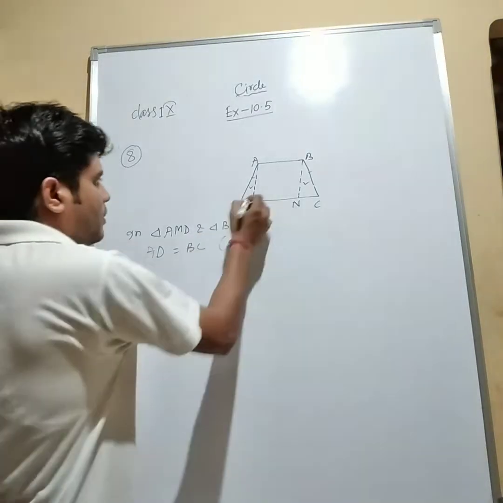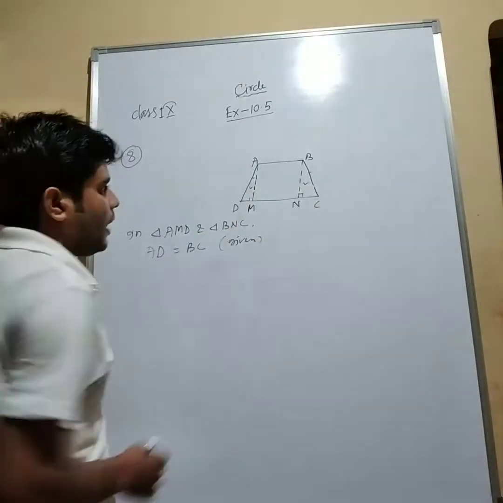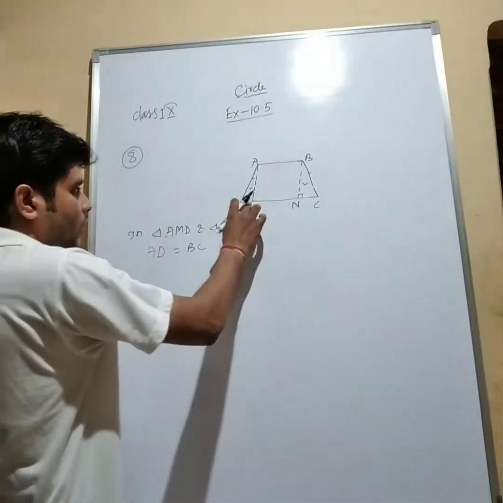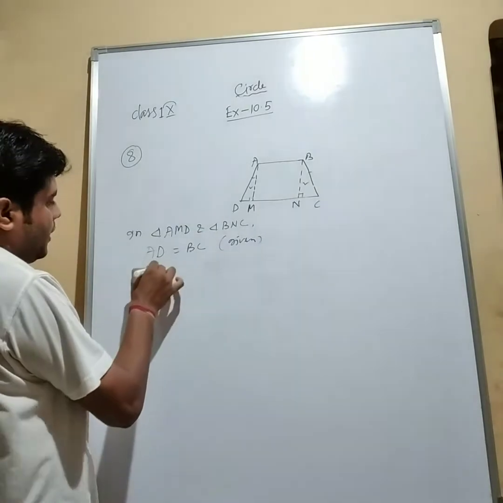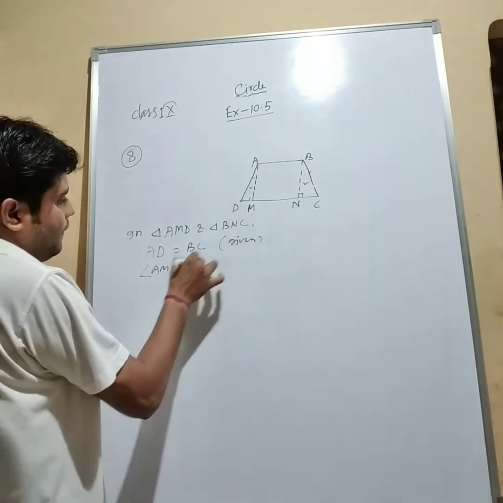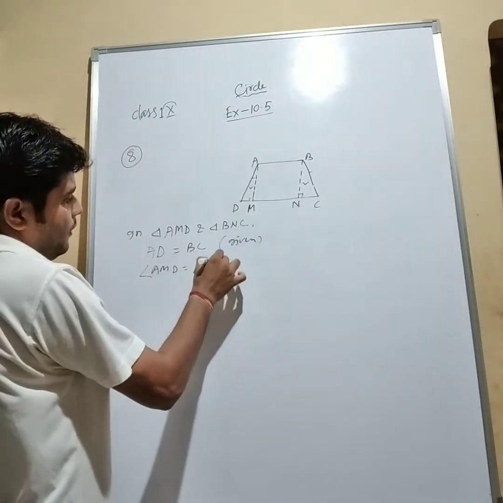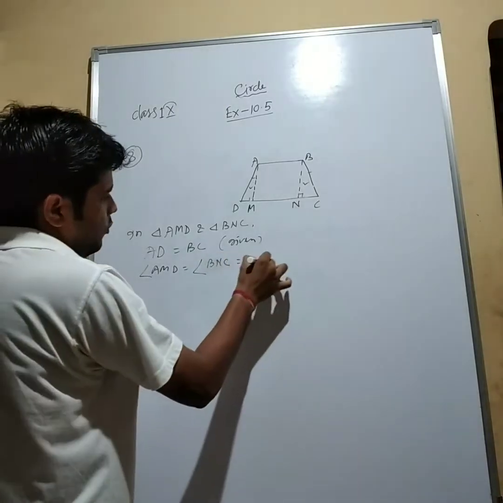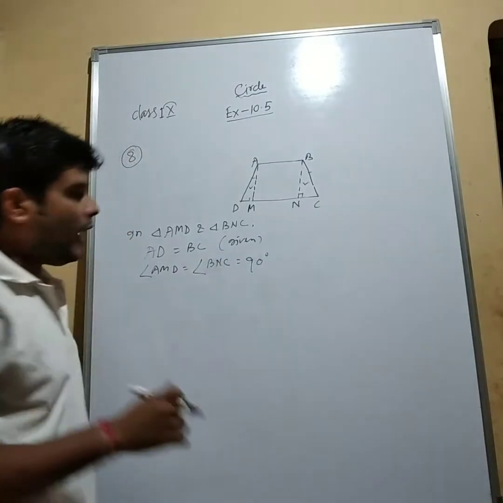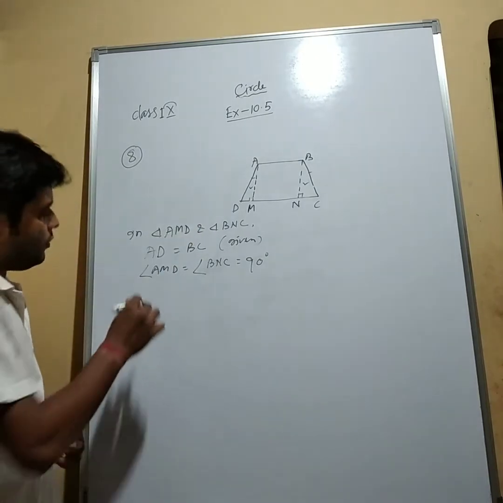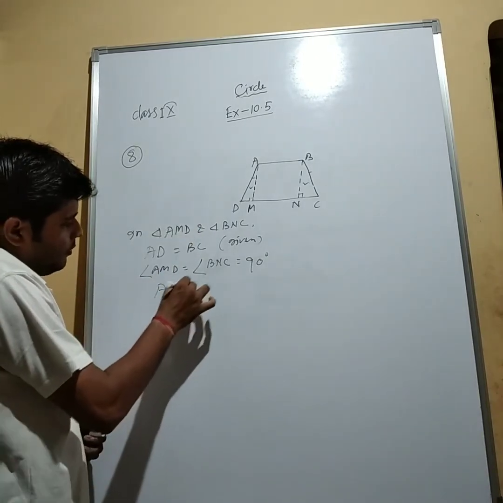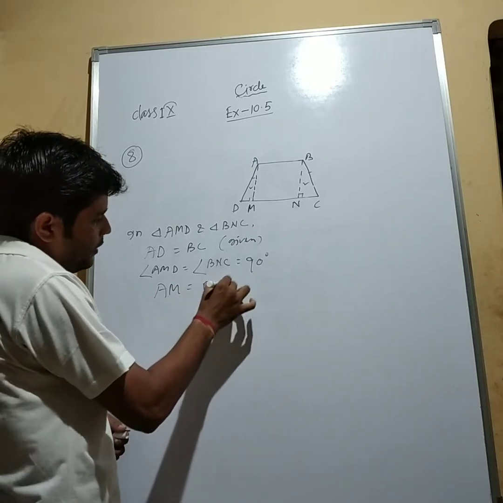After this, you see this angle and this angle. I have drawn the perpendicular, so no doubt these two angles are 90 degrees. So I am writing angle AMD equals angle BNC, both are 90 degrees. And moreover, AM equals BN. Why is AM equal to BN?